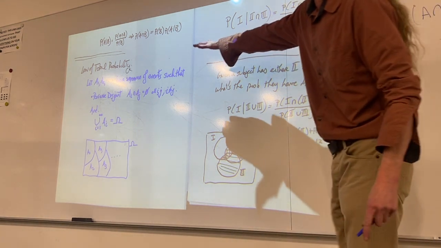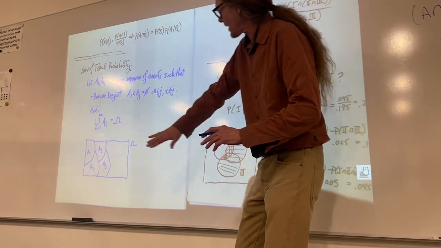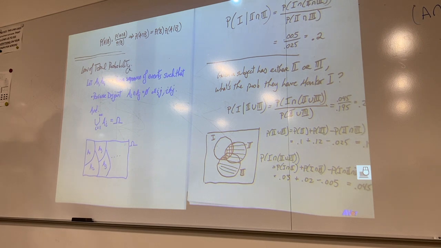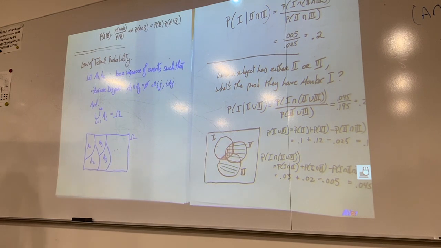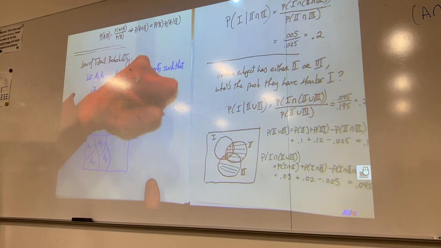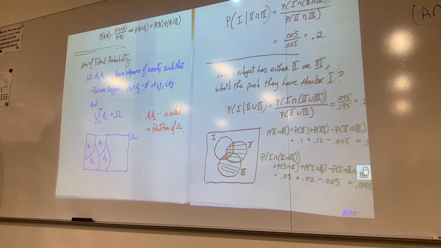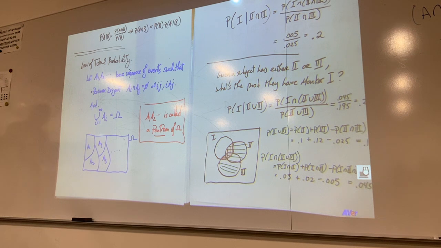A partition is this segmenting of the sample space in a way that it covers the sample space and there's no overlap. So, A1, A2, dot, dot, dot is called a partition of that sample space. A term you're probably somewhat familiar with.